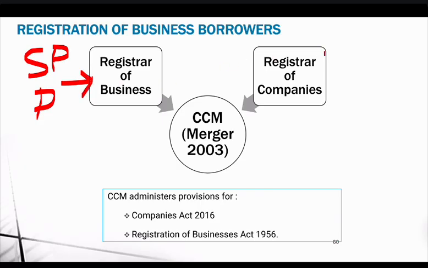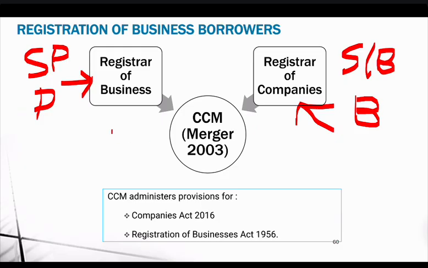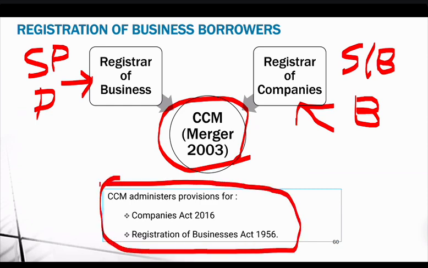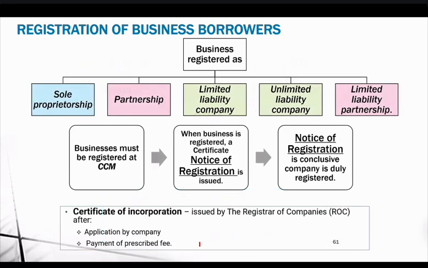If I'm talking about Sendirian Berhad, I'll go here. ROC, Registrar of Companies. It's now merged under CCM since about 22, 23 years ago. CCM administers provisions for the Companies Act and registration of business. So even the sole prop, that's the key distinction from a consumer: a sole prop has a business license.